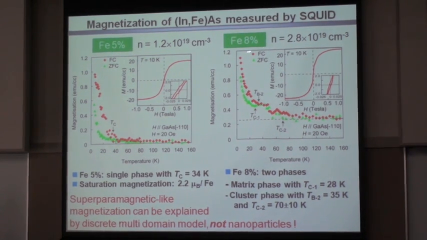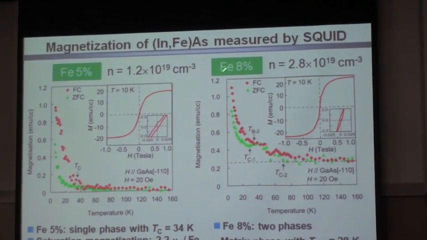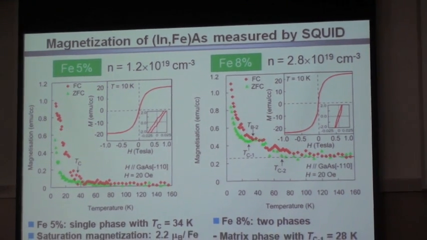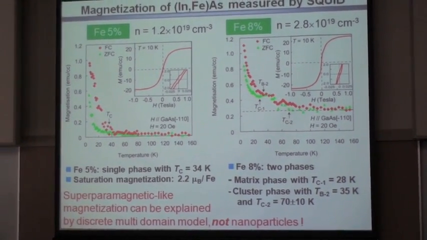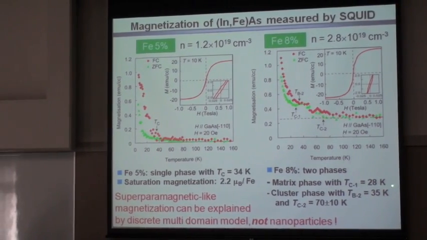And when we look at the higher iron concentration sample, we see some shoulder here in the M-T characteristics. This means there are two magnetic phases in this higher iron concentration sample. One is a matrix phase with a Tc of 28 Kelvin.